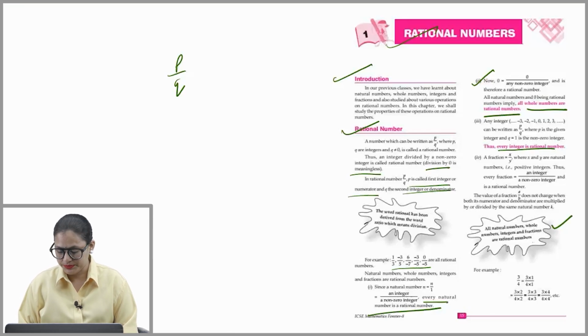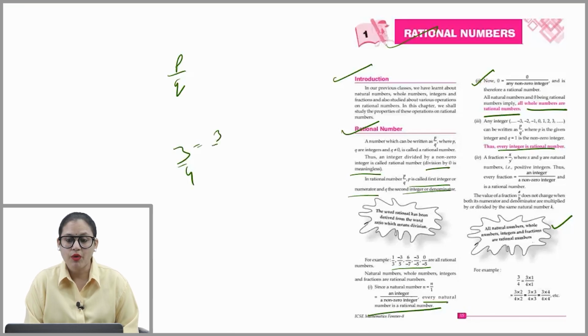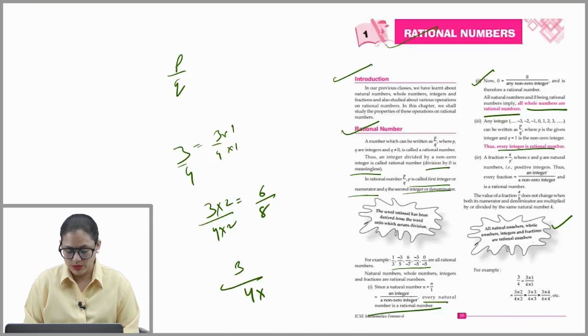For example, we can write 3 by 4 as 3 by 4 into 1 into 1. Then you can multiply both numerator and denominator by 2. So, you will get 6 by 8, or you can also multiply by 4 and 4.